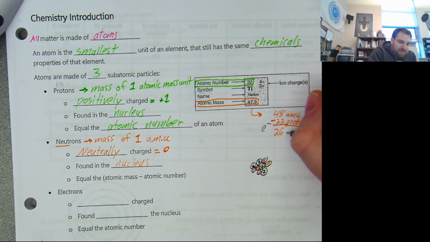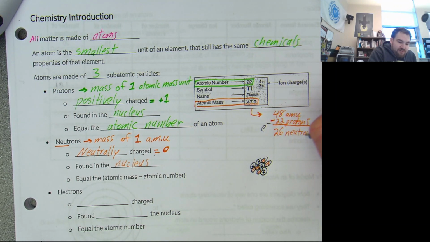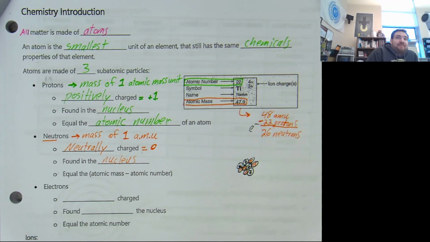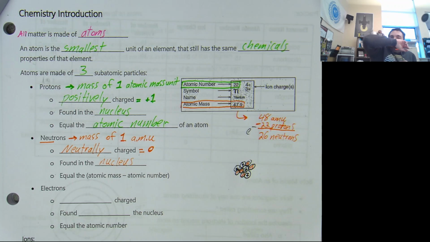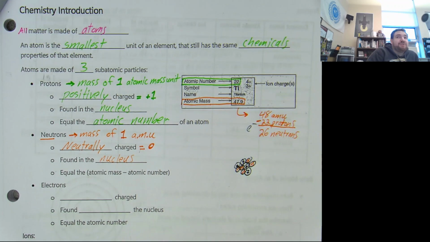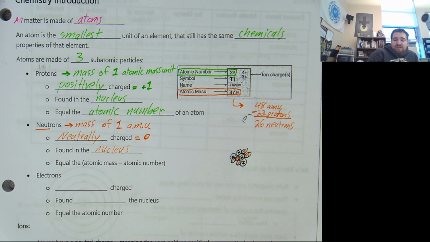Excuse me. You get the number of neutrons. So your average titanium is going to have 26 neutrons. Cool, that's neutrons. They just exist, they hang out, they exist to produce mass. And do some other cool stuff when things decay, but we'll talk about that later.